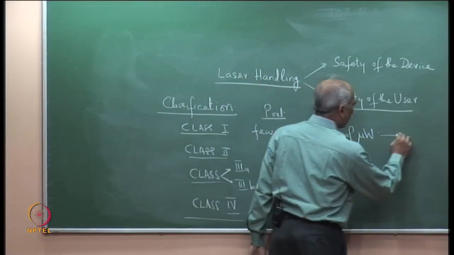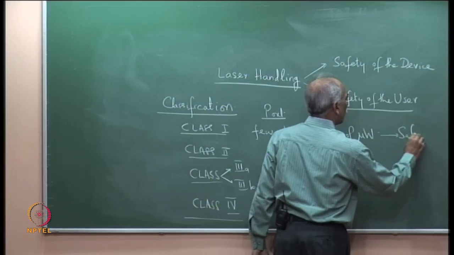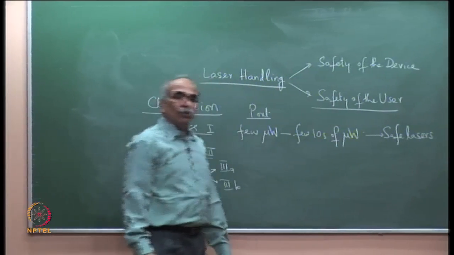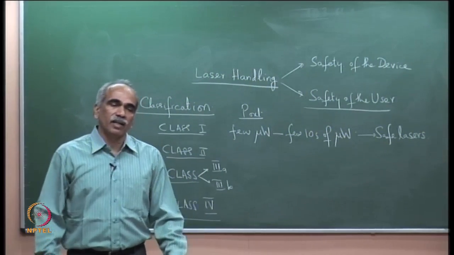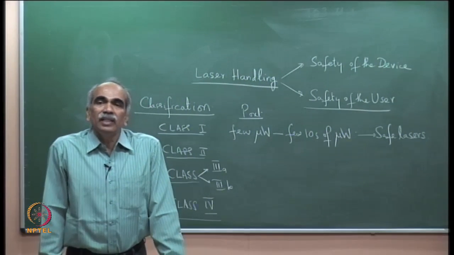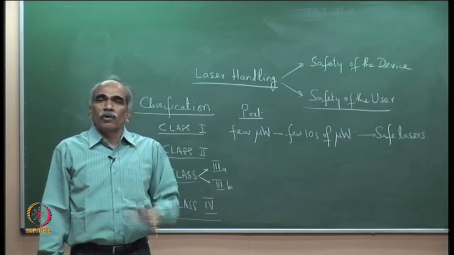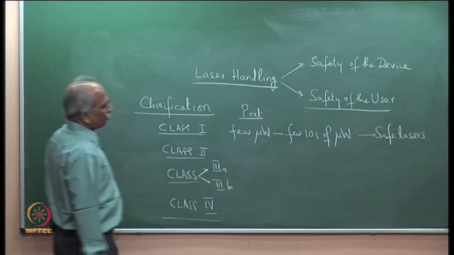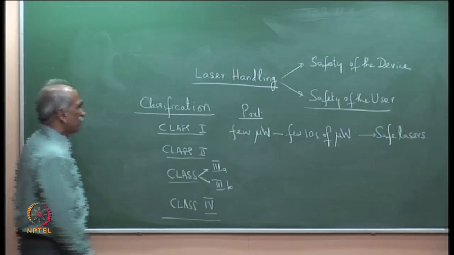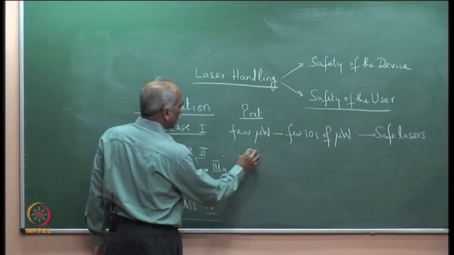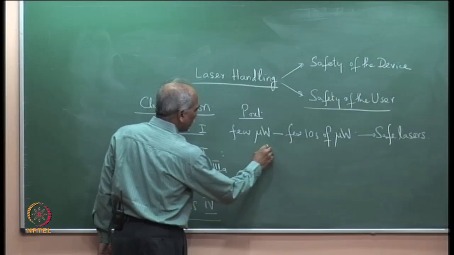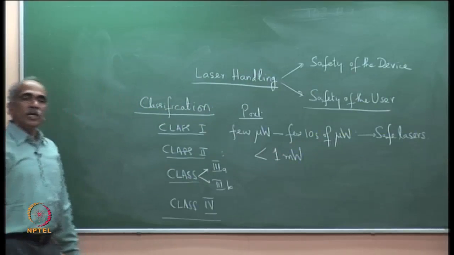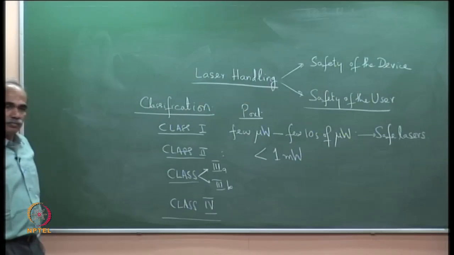These are safe lasers. Most of these are used at the research level, and there are materials which give very small amount of power, few class 1 laser. Class 2 here stands for powers less than 1 milliwatt, P out less than 1 milliwatt.